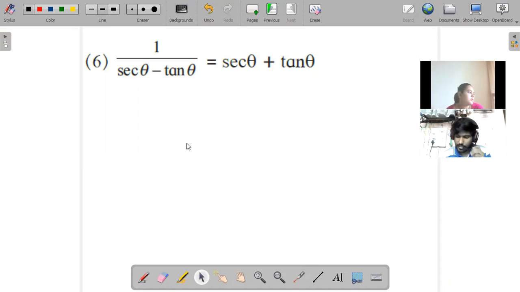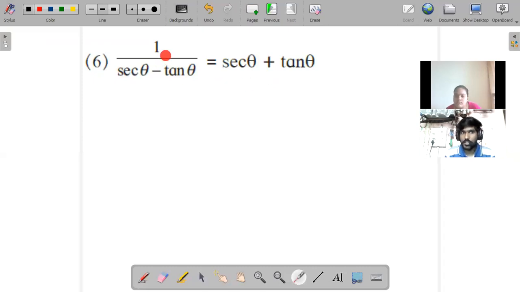Okay. Now in the sixth one, we will use the right hand side and try to bring the left hand side. That will be easier.